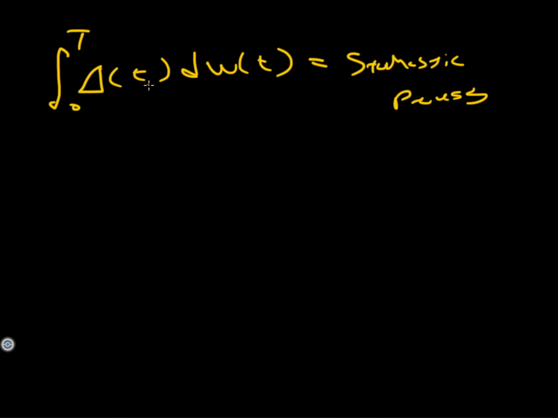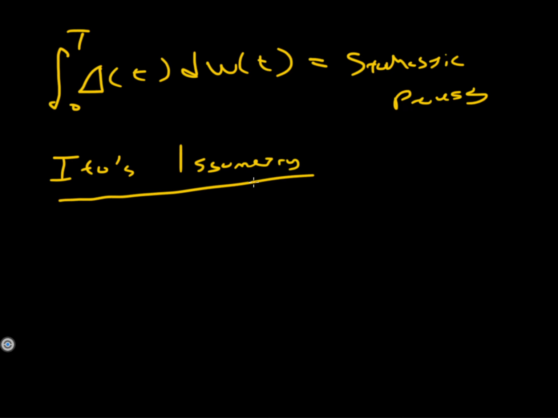And secondly, Ito's isometry property, which is quite an important property and will tie into the quadratic variation later on. But actually, before this, we said that the first property of the Ito integral is that the Ito integral is a stochastic process.